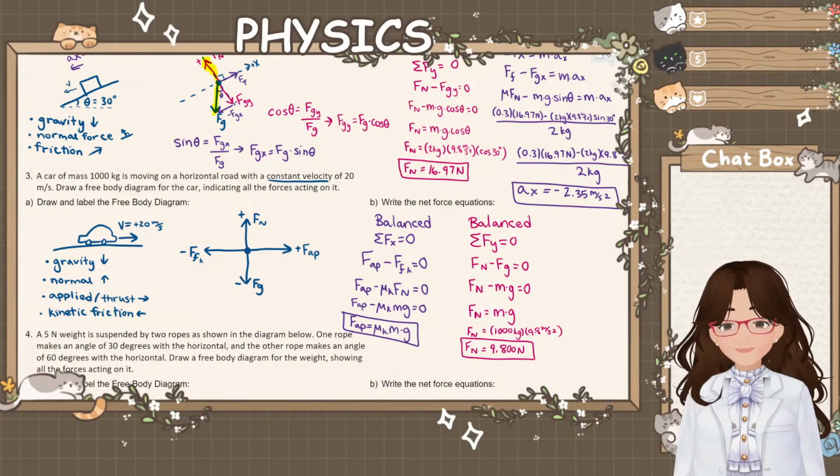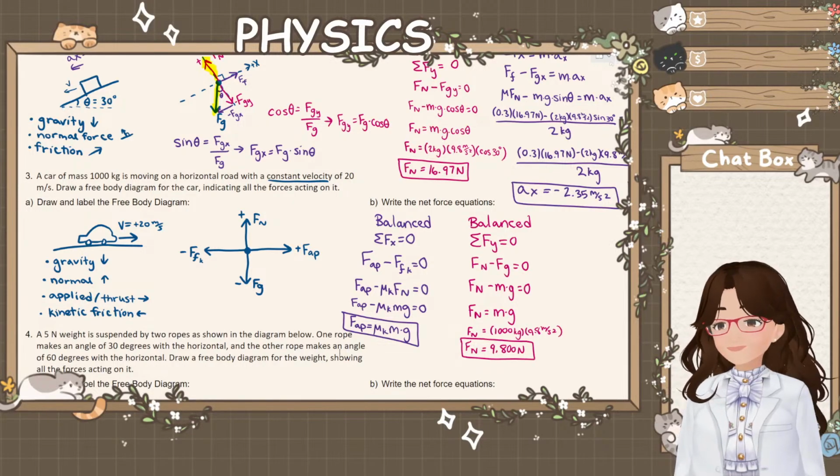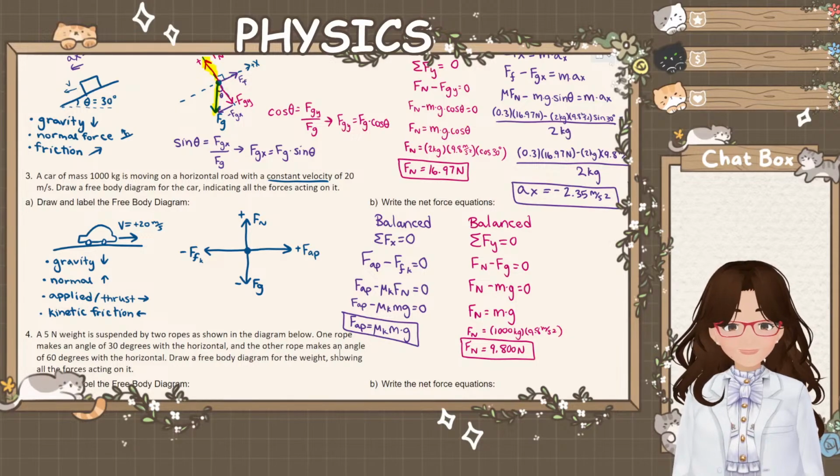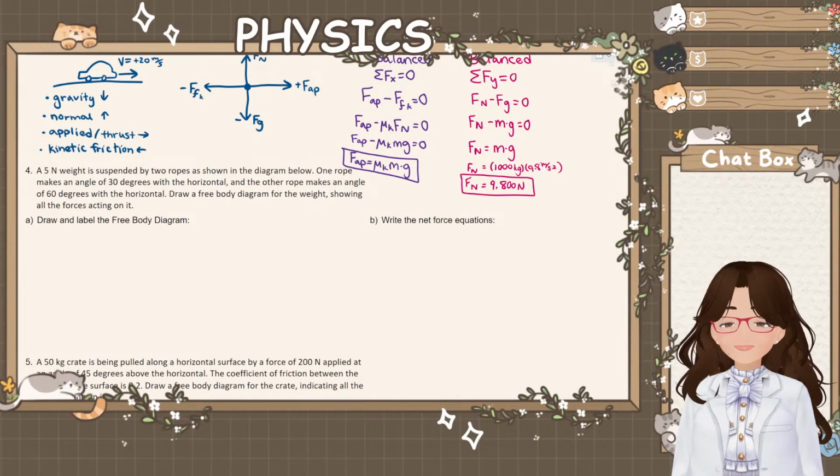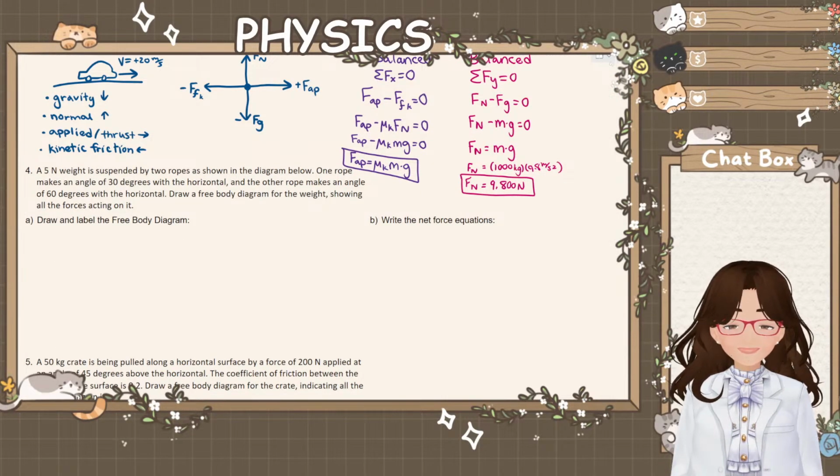Yeah, there we go. That's our next problem. Any questions here? Again, if we had a coefficient of friction, we could solve for the force of the engine. Okay, let's go ahead and move on.